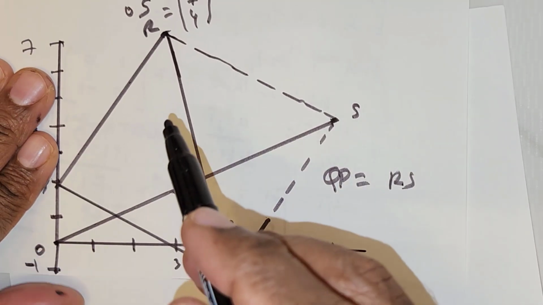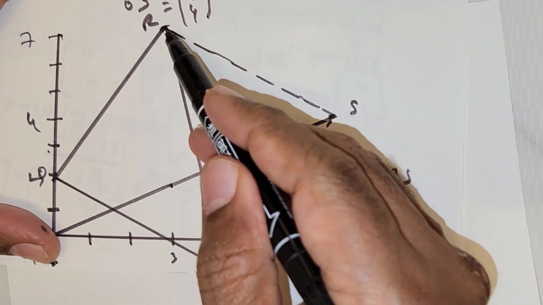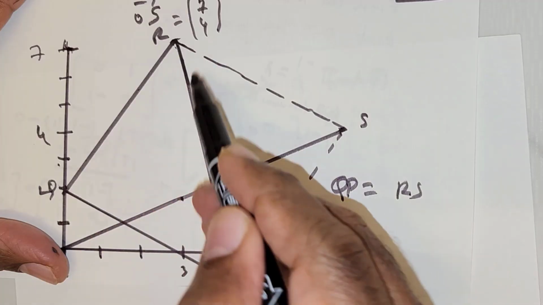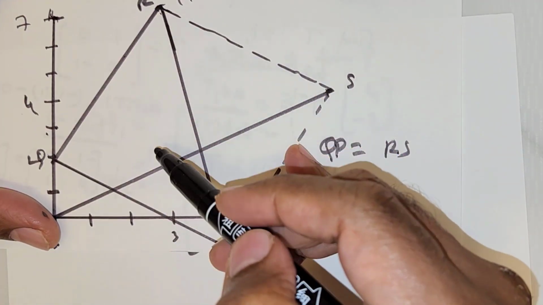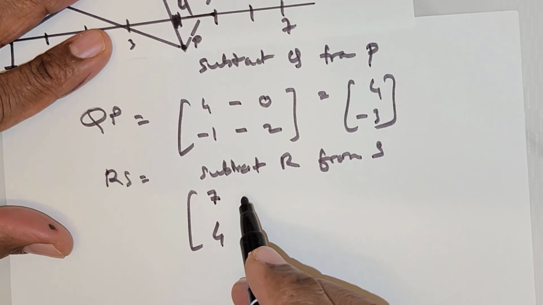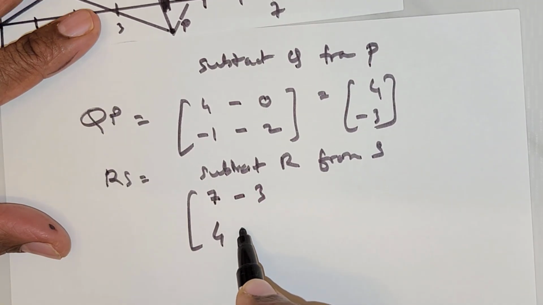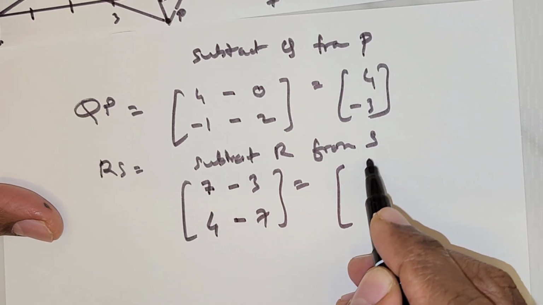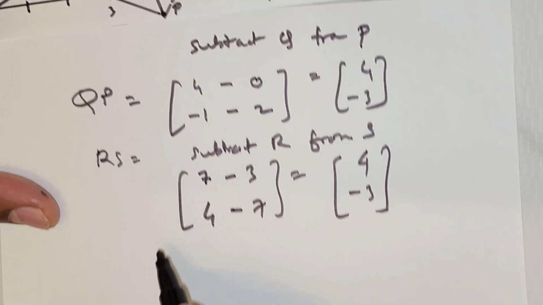My R is actually 3, 7. Okay, R is 3 and 7. So what do you get here? You get 4 and -3, right?